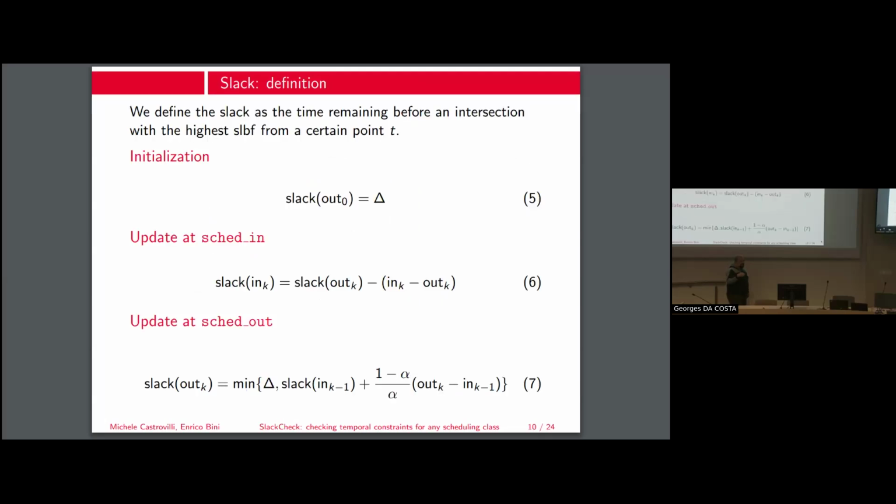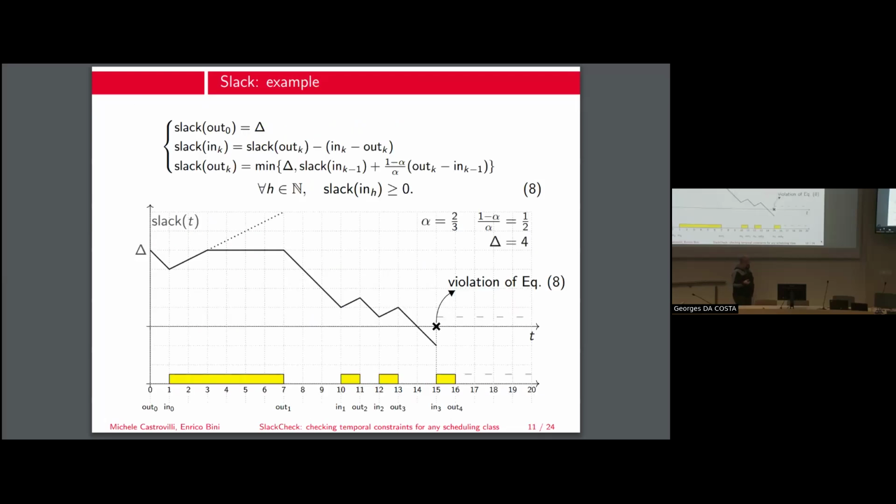So this is for me a way to make up a number value that I can check for how much time remaining I have before getting scheduled. Therefore, I report the example here.